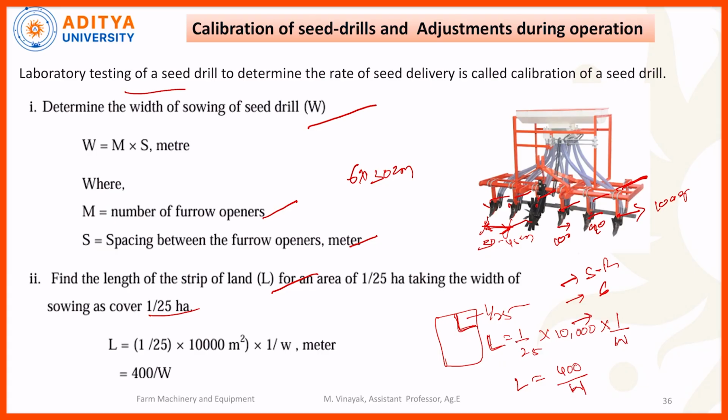Here we are taking the 1 by 25th hectare area and converting it into meter square.